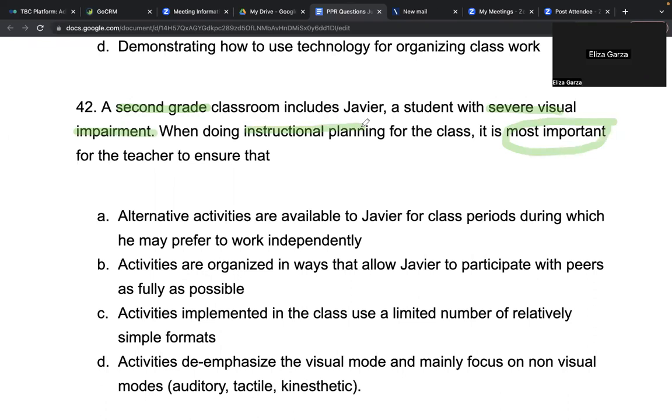To make sure the teacher modifies planning to include how to use his accommodations correctly, so that he's also able to learn with his peers. Okay, someone read the answer choices. Let's see what we think is best. Most important for us to ensure.